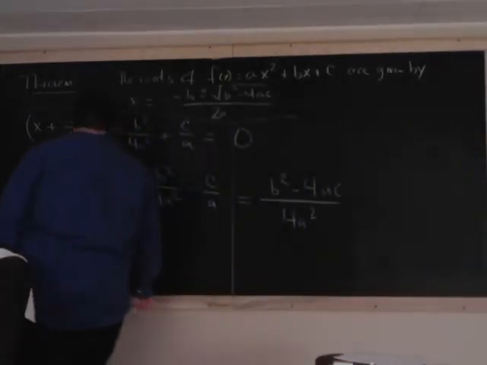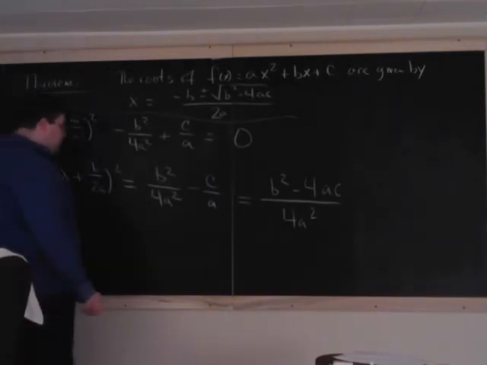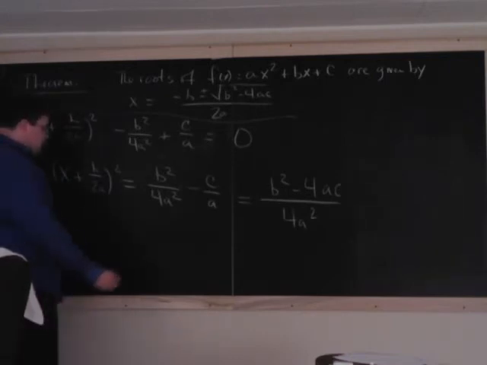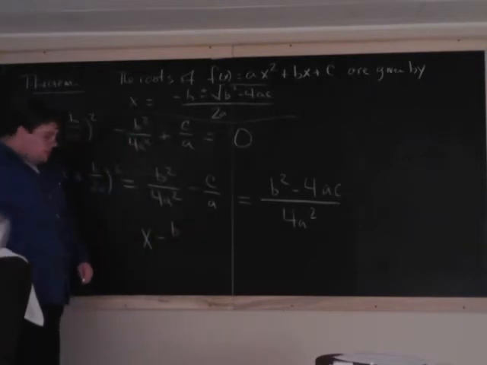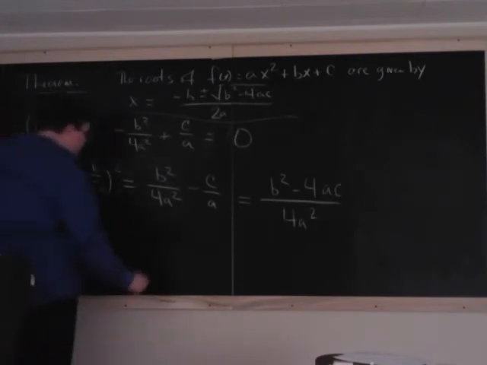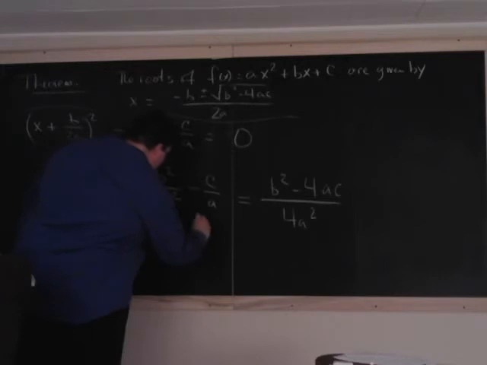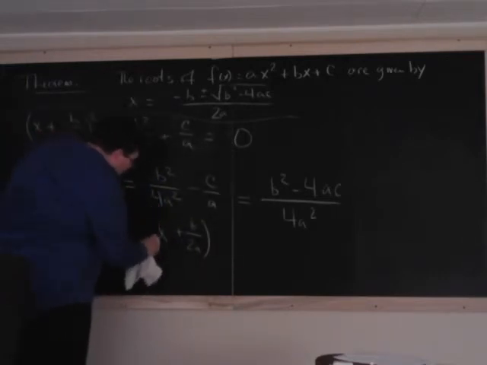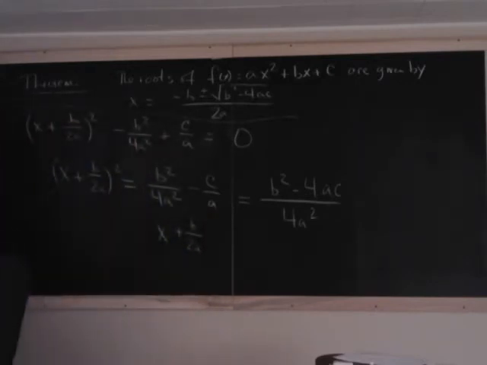We still haven't solved for x, because now we need to take a square root of both sides. Take a square root of the left side, the square root and the square cancel, and you're left with x plus b over 2a. I don't need the parentheses anymore. I'm taking the square root, and those parentheses were there because we squared it.